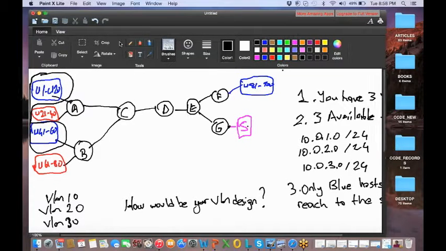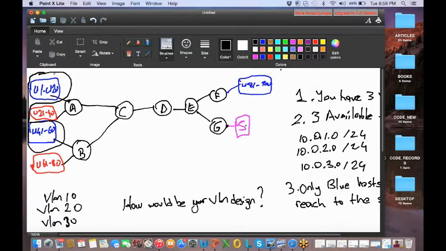As you see, in one box, and this is now VLAN 10, 10.0.1.0/24, and here the red ones, just the red ones, okay?